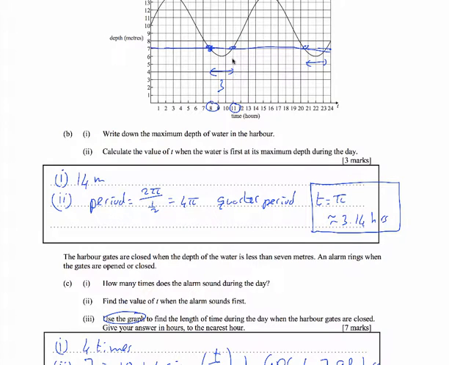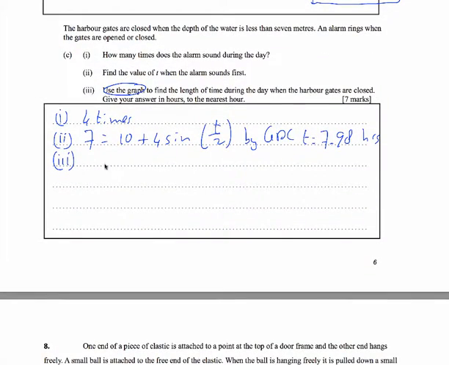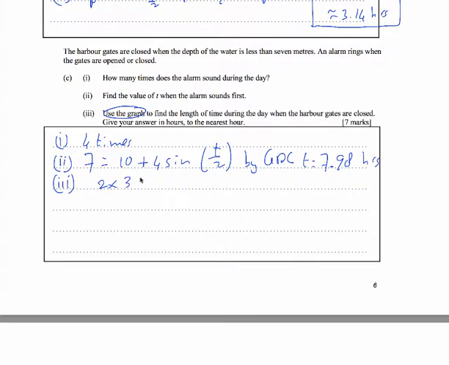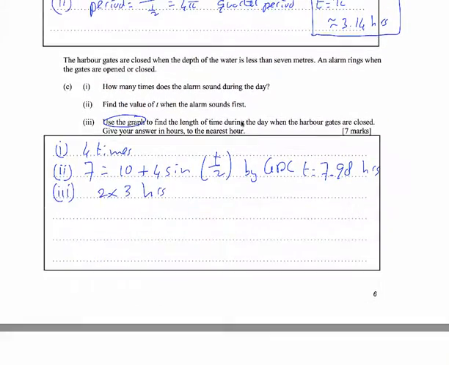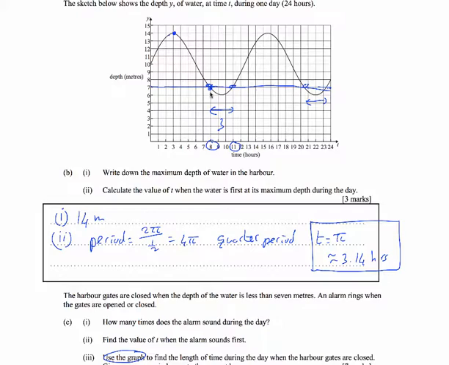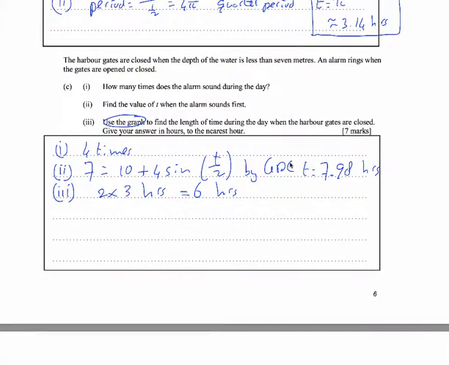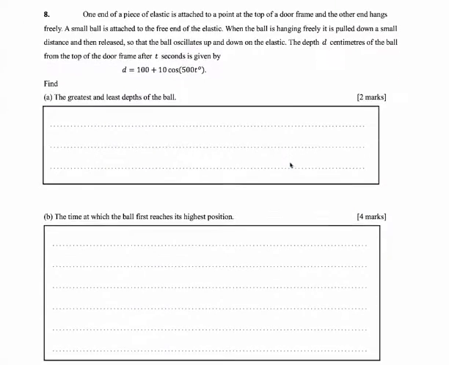This is definitely close to 3. So this must be 2 times 3 hours, right? So, yeah, which is 6 hours. I've shown in a graph that I've used it. So perfect. Good. Done. That was an easy 7 marks.